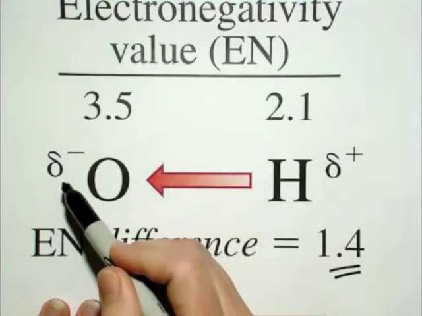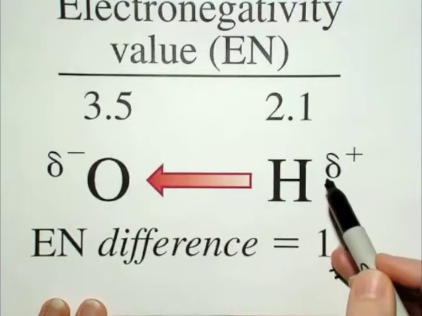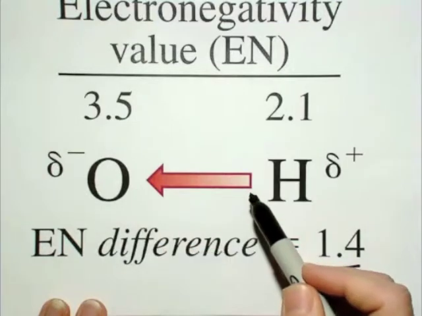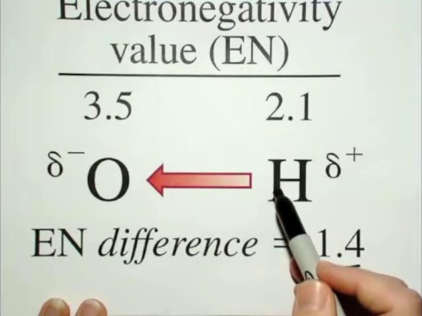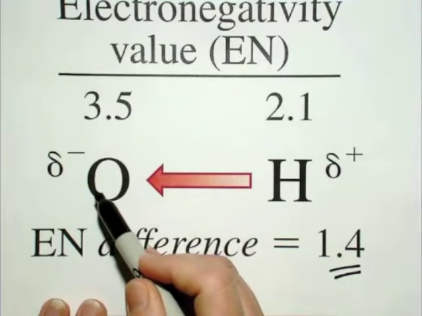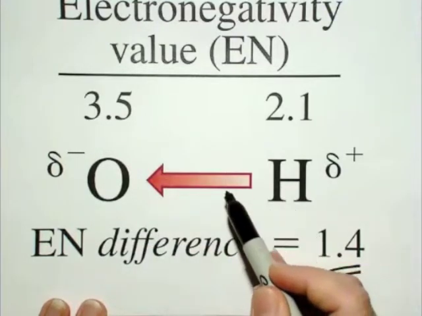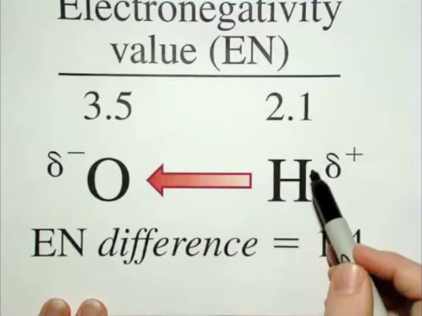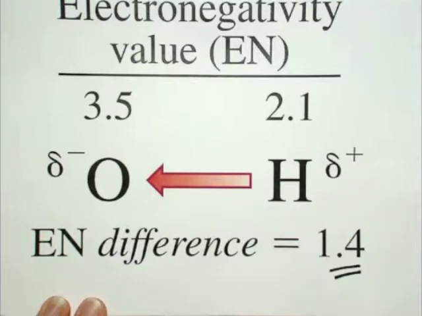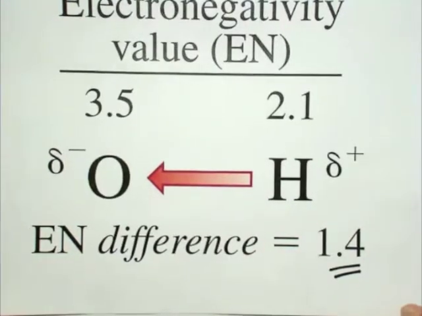Or sometimes we say partially negative and partially positive, because this isn't an ionic situation where the electron has completely left this atom and been accepted by that atom, but it is sort of transitional in that the electrons are not equally shared. Okay, so this is how we define whether or not a bond is polar based on the electronegativity difference between the atoms in the bond. And this is some of the symbolism that is used.